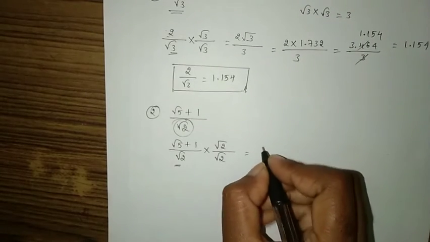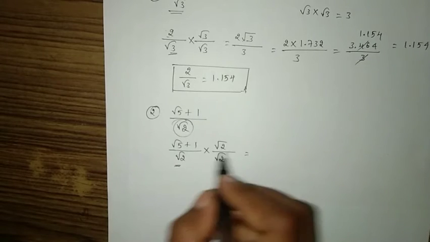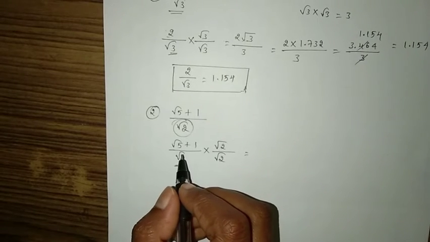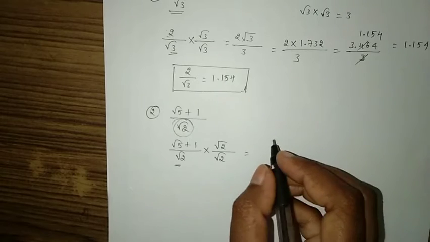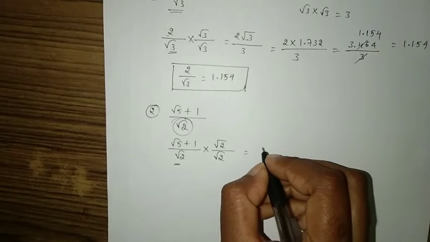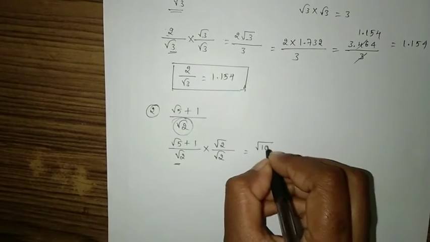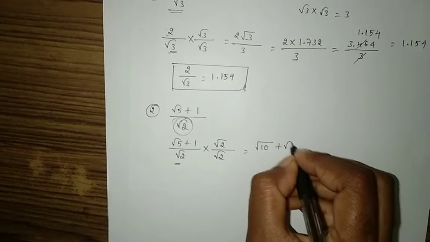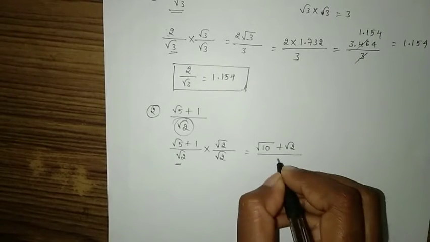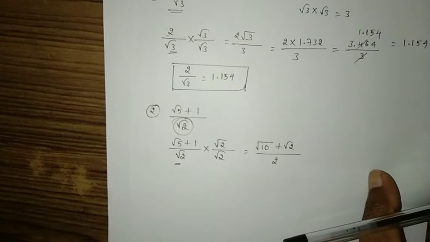So what we get is, we can multiply this. So what we get is root 10 plus root 2 divided by 2.